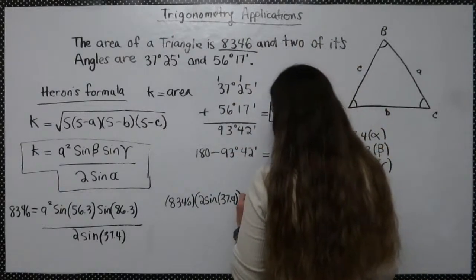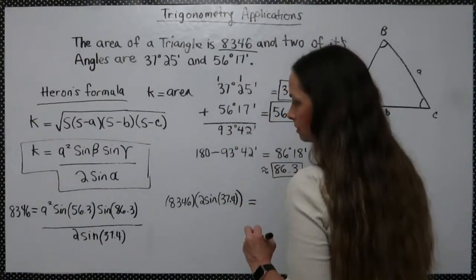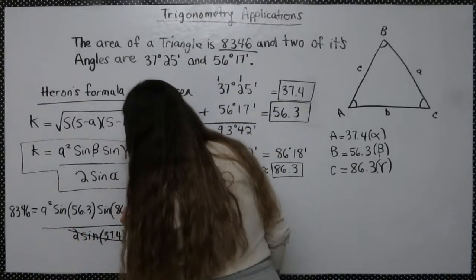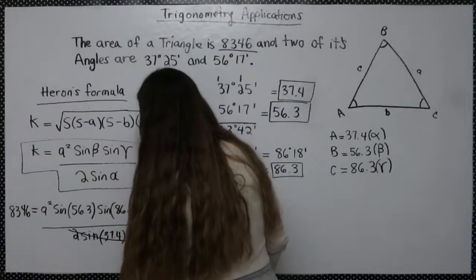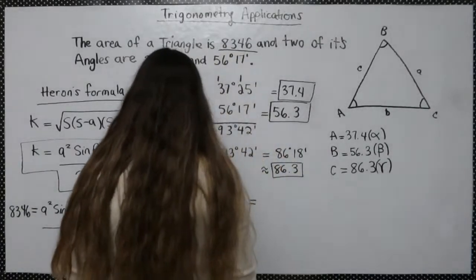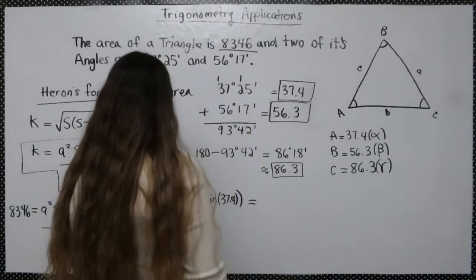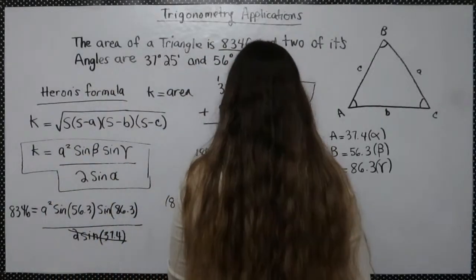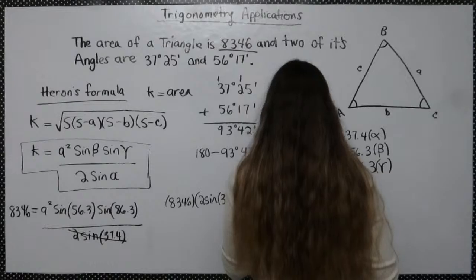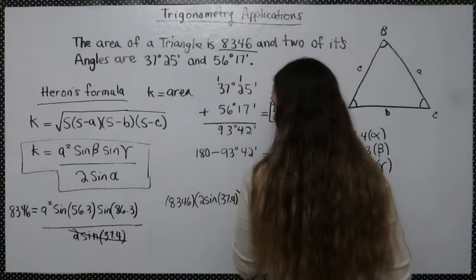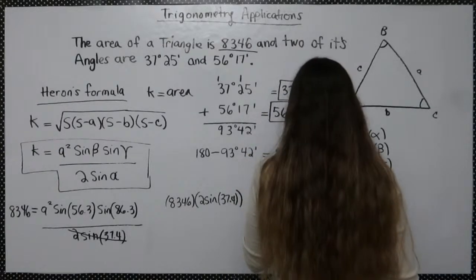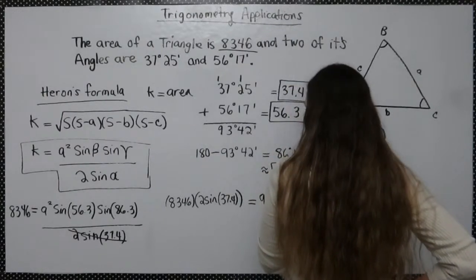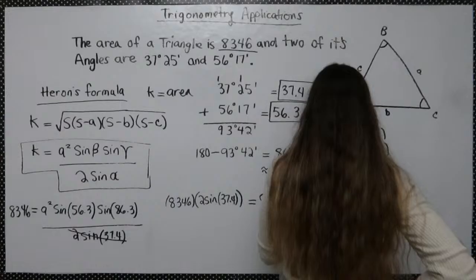And that is going to equal, the denominator is going to go away, because you're going to multiply both sides by this whole thing. I can actually figure out what that value is. All right, so we've got a squared sine 56.3 sine of 86.3.